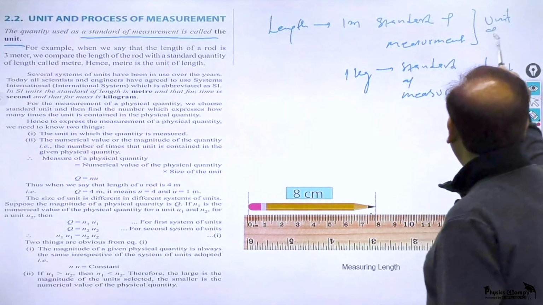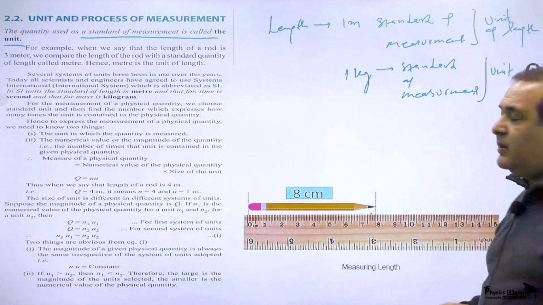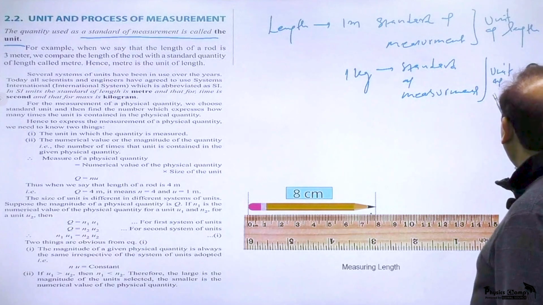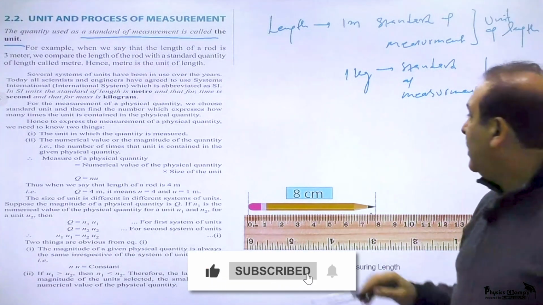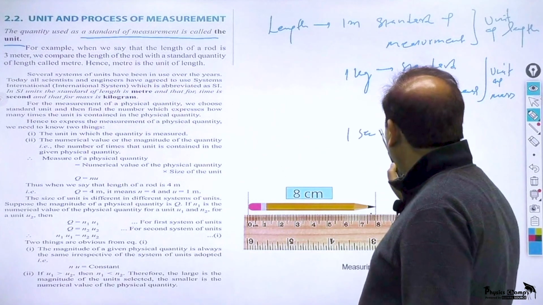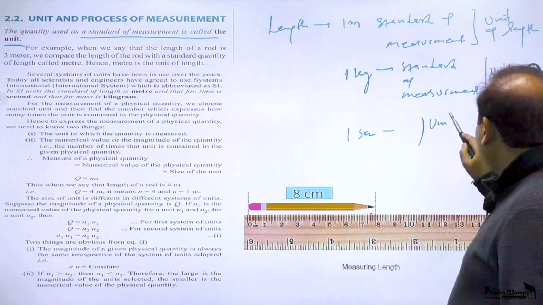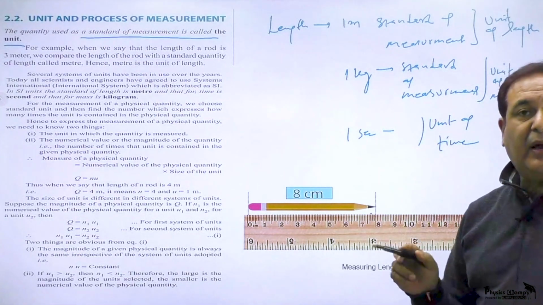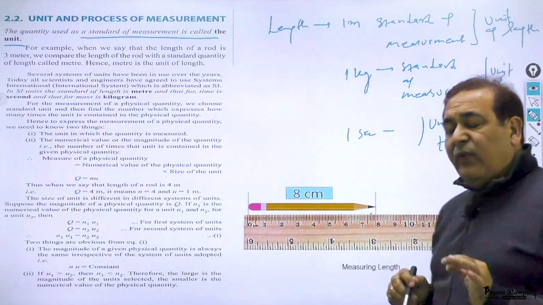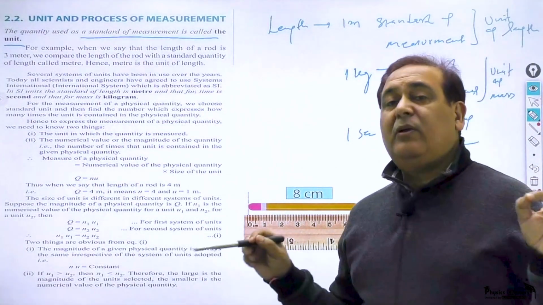This is the unit of length, the standard of measurement of length. 1 kg is the unit of mass, the standard of measurement of mass. 1 second is the unit of time, the standard of measurement of time. So the very first thing is that the standard of measurement that we choose, we call it a unit.